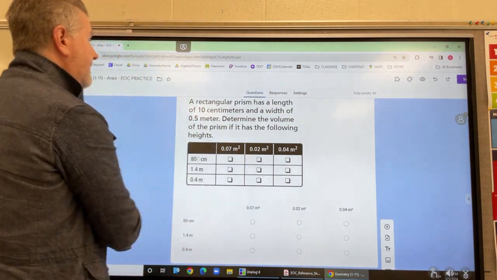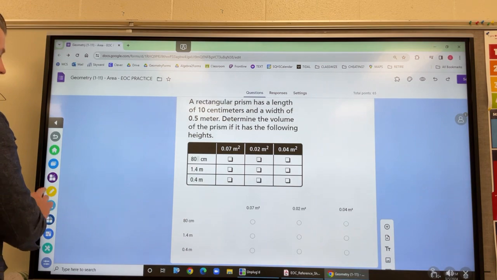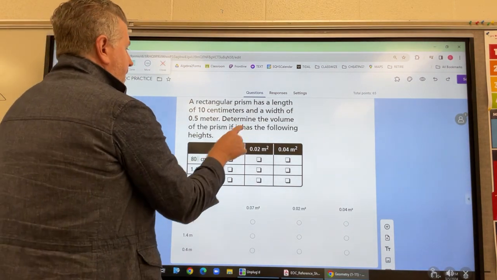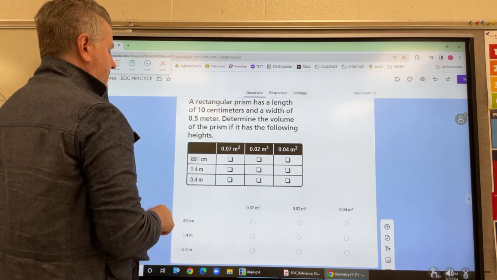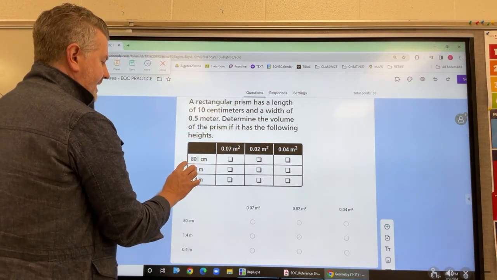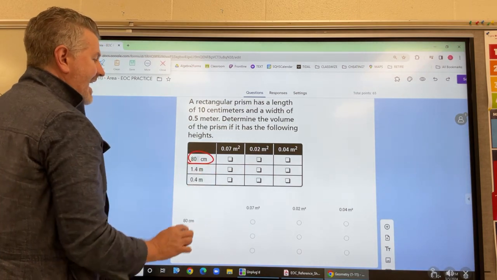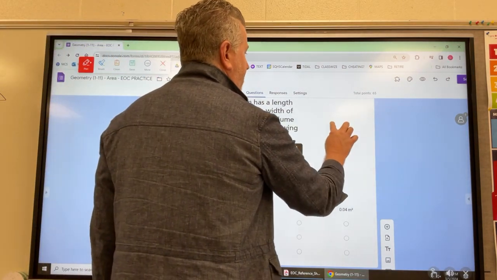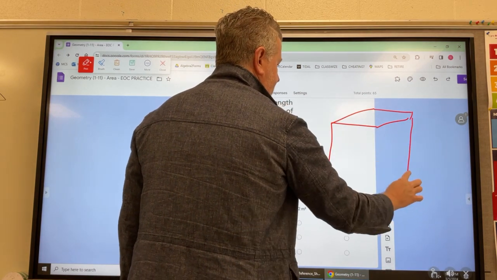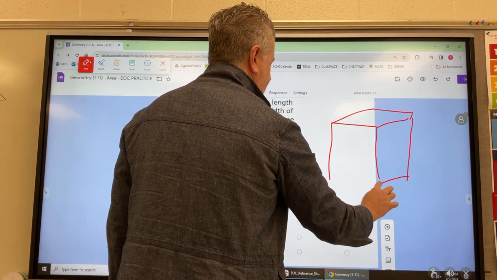And it has a length of 10 centimeters, a width of 0.5 meters. Again, we've got different units. So we want to find out the volume of the prism if it has the following heights. So 80 centimeters. Let's draw and label this thing, and we'll get an idea of what's going on here.